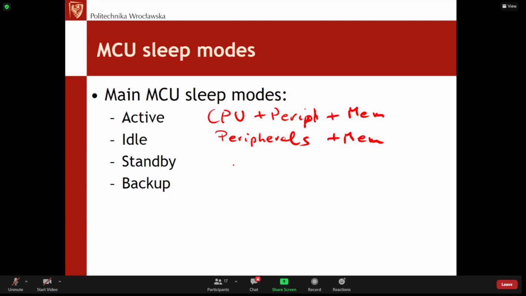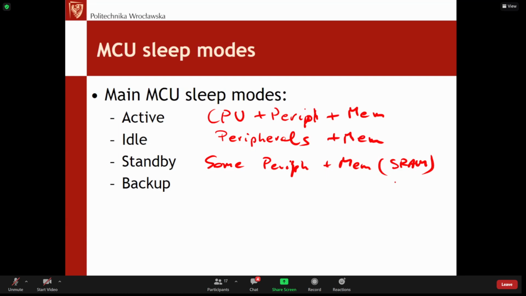Standby mode is the mode where only some peripherals are running. Also, the memories are running, but here only static RAMs, so the registers and all the scratchpad memory. As the name suggests, in standby only the most important peripherals are running, mainly used to wake up the microcontroller, the CPU itself.